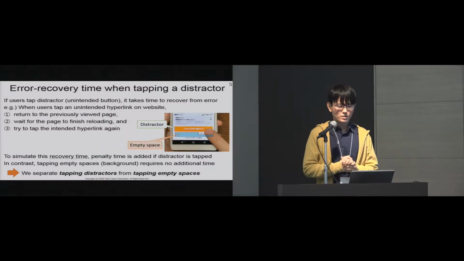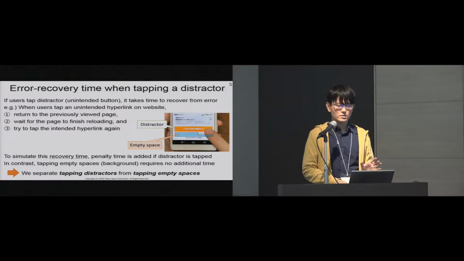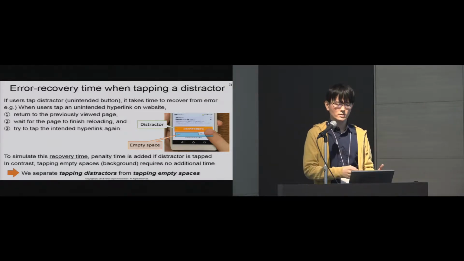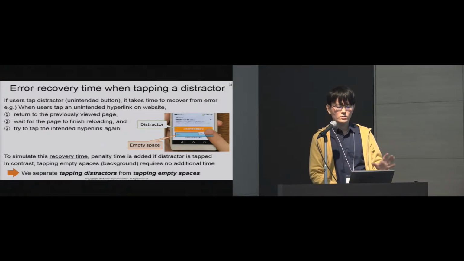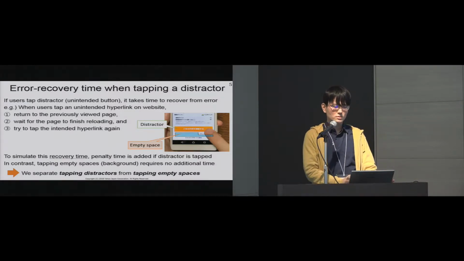In this case, if users accidentally tap distractors, an additional time is needed to recover from the error. For example, when users tap unintended hyperlinks, first, users return to the previous page. Second, users wait for the previous page to finish reloading. And third, users try to tap the intended hyperlink again. So these successive operations would take 5 seconds or 6 seconds.